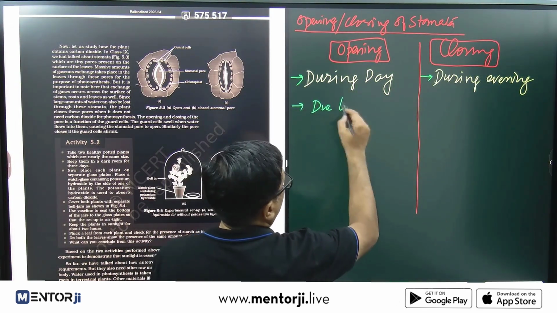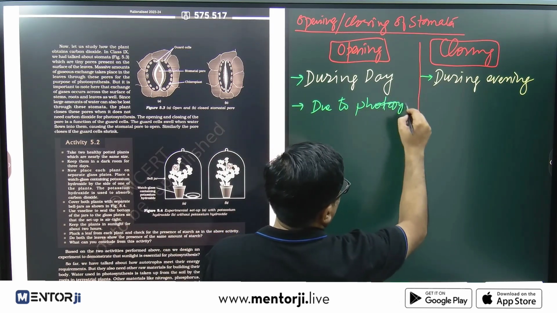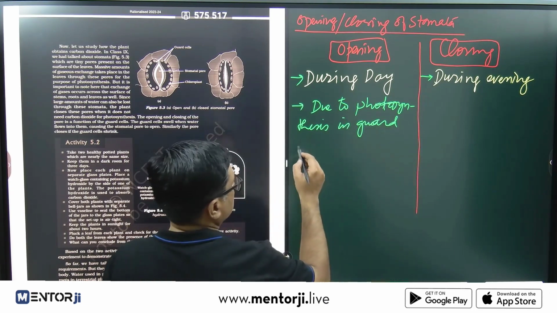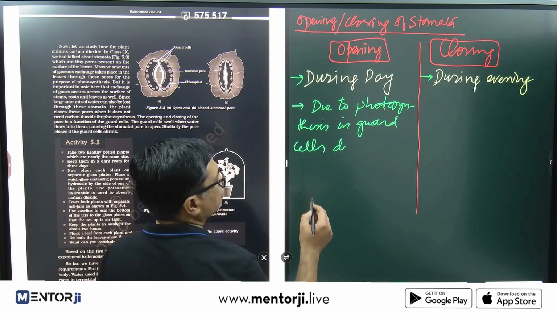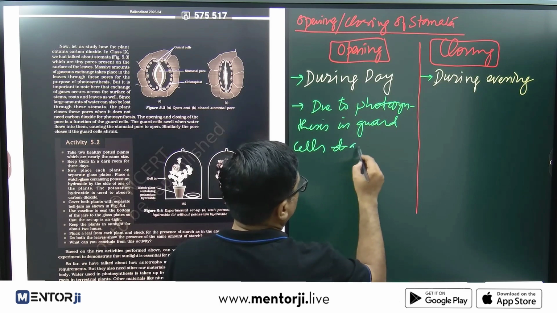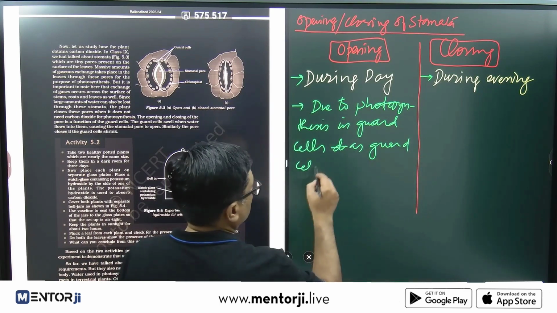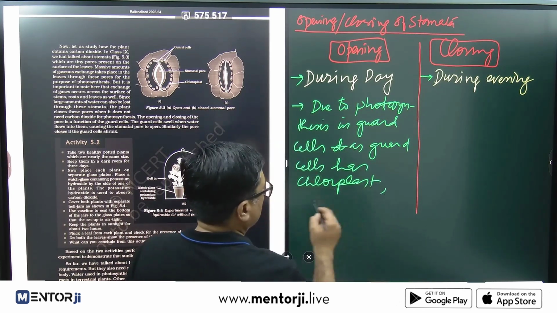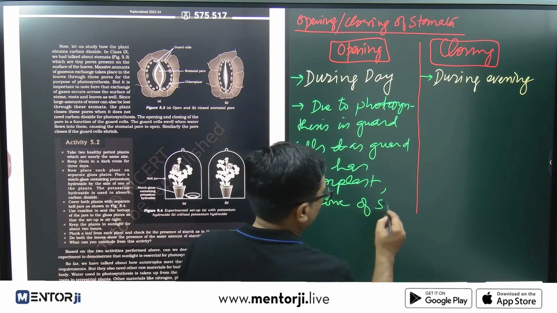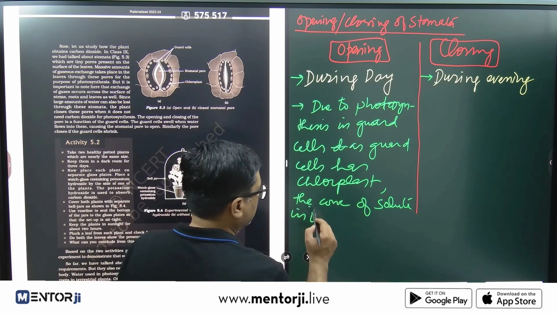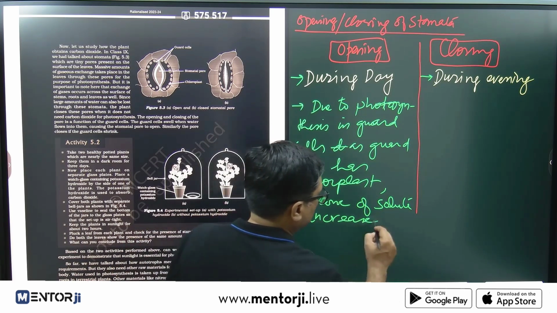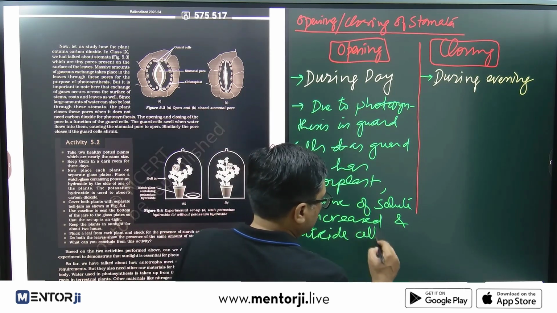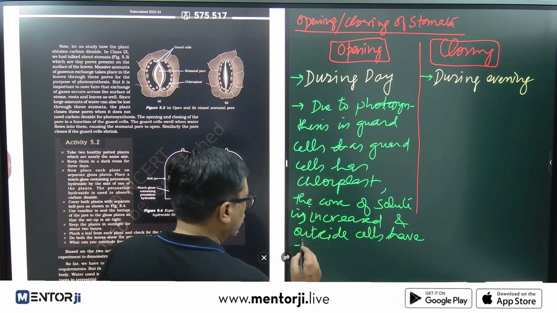Due to photosynthesis in guard cells, as guard cells have chloroplast, the concentration of solute is increased and the outside cells have more water.